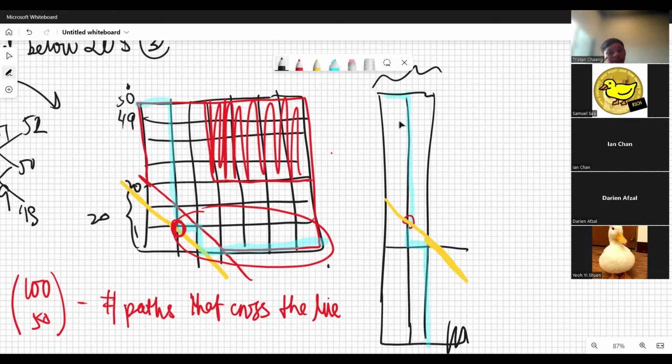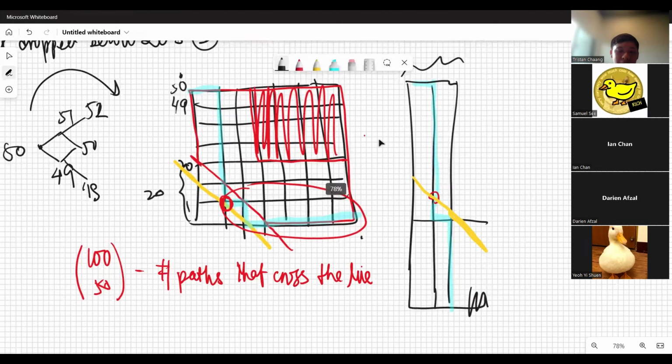And is this a bijection? Let's see. Given the one on the left, we have the procedure to turn it to the right. Given the one on the right, wherever it hits the yellow line for the first time, I just reflect it back and we get back the one on the left. So this is a bijection. It's absolutely a bijection.